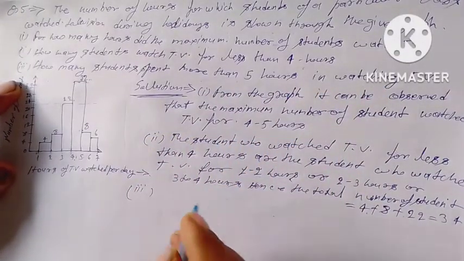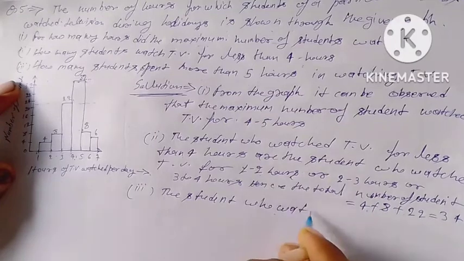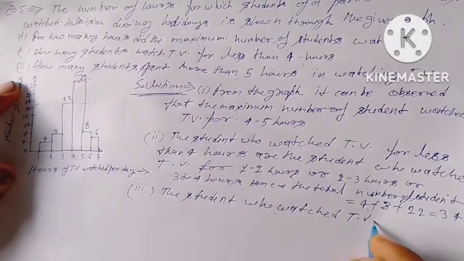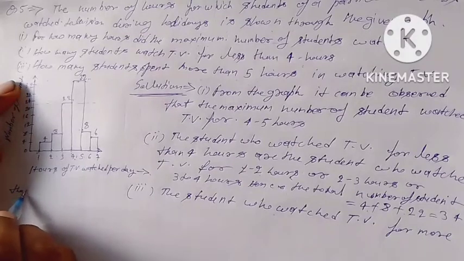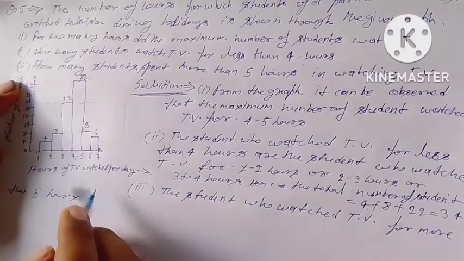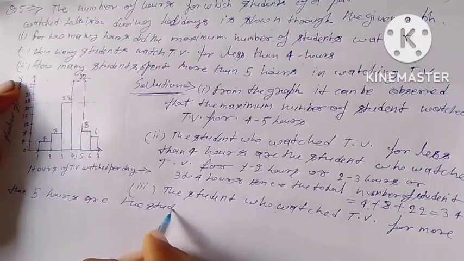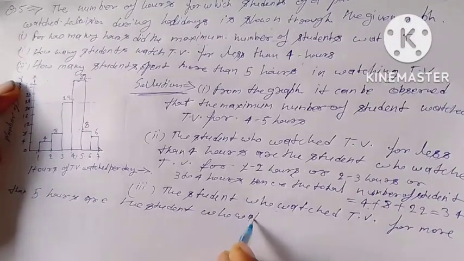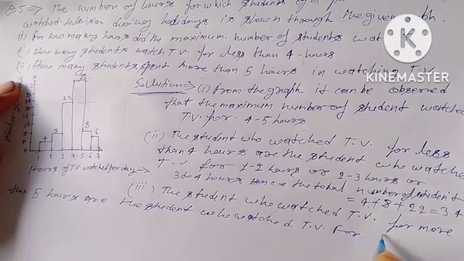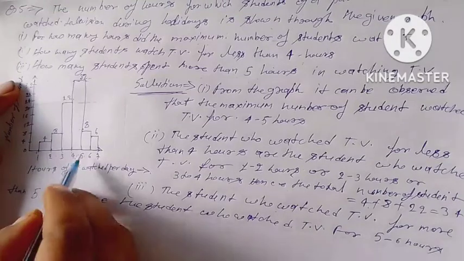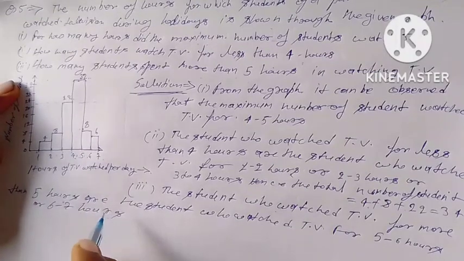The students who watch TV for more than 5 hours are the students who watched TV for 5 to 6 hours or 6 to 7 hours. Okay?